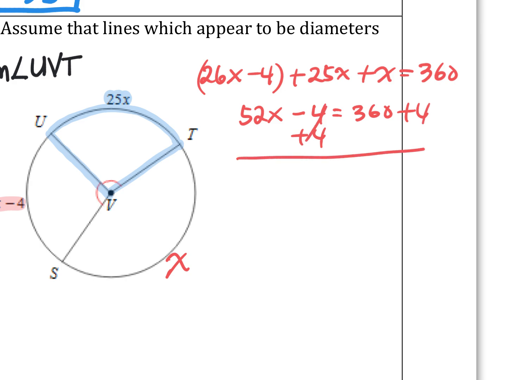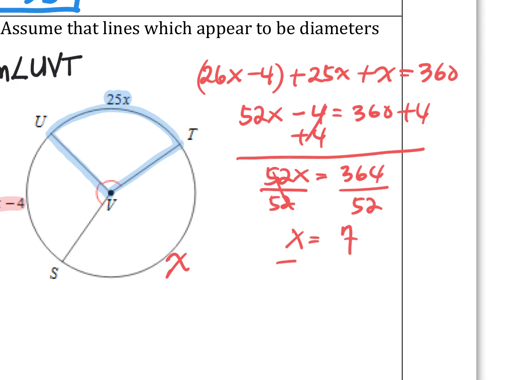Therefore, 52x is equal to 364. Okay, divide by 52. Our x is 364 divided by 52. It's going to give us an exact number of 7.